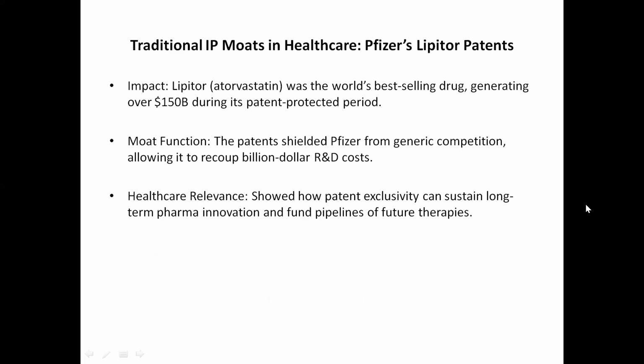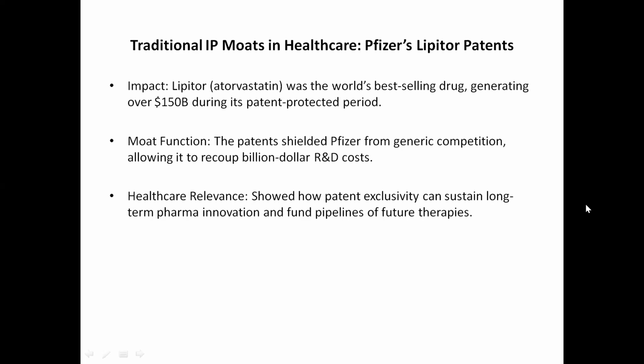For example, the traditional IP moat you can see very commonly is in pharmaceuticals, right? So drugs. Pfizer's Lipitor is one example of what they call a blockbuster patent. Lipitor was the world's best-selling drug and generated over 150 billion during its patent-protected period. It was protected from other competitors coming to this market.